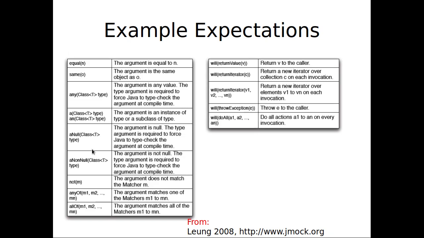These are some examples of expectations we might want to check. We might want to confirm this thing is equal to that, this argument is equal to something, or that it's the same object as pointed to by this other argument. You want to confirm that a certain thing is null, or that it's an instance of a type, or that it's not null.